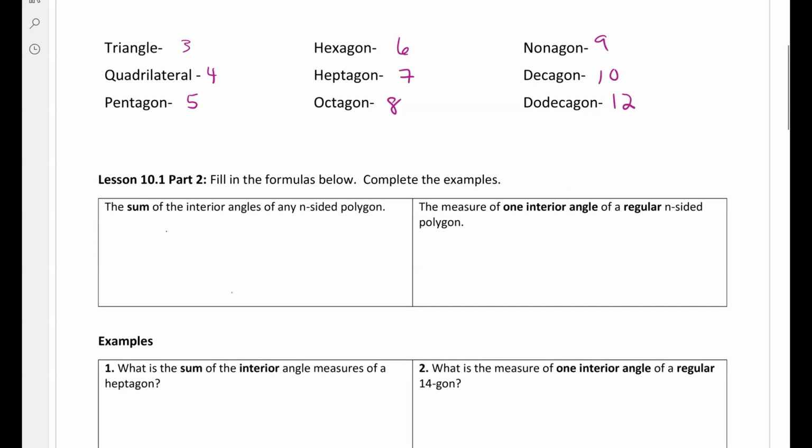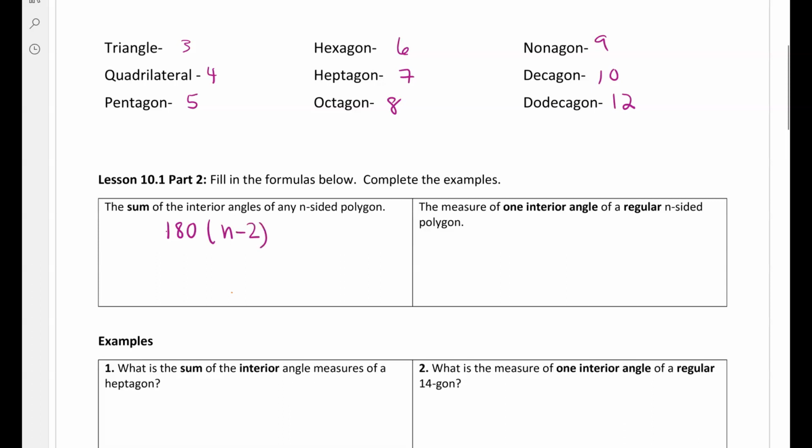Let's move on to this next part. We explored part 2 in that applet on GeoGebra. We said that the sum of the interior angles in any n-sided polygon is represented by 180 times n minus 2.